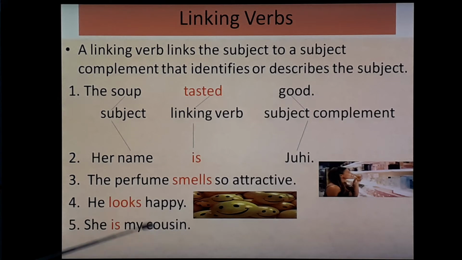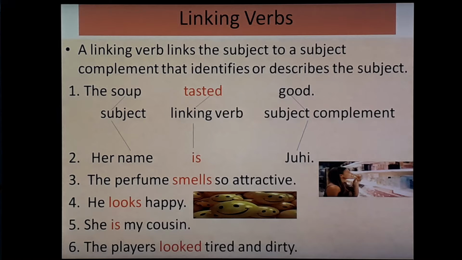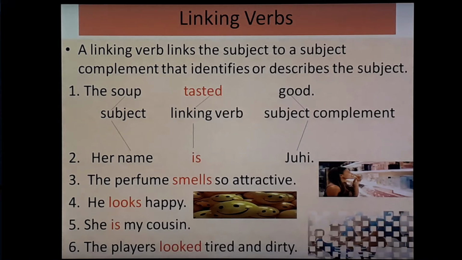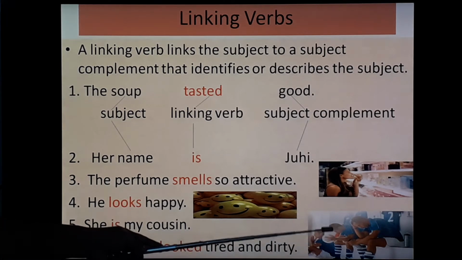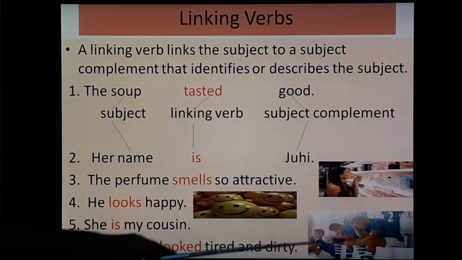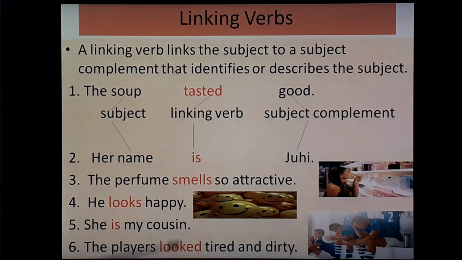This describes the subject. The players look tired and dirty. See the picture. They look tired and dirty. That is why look is the linking verb, because it links the subject to a subject complement that describes the subject, players.